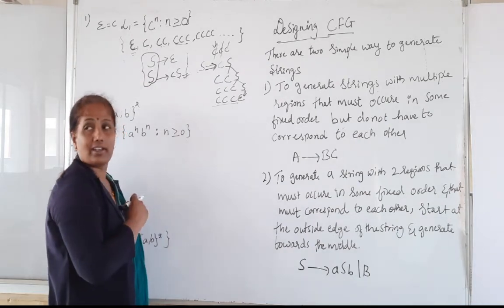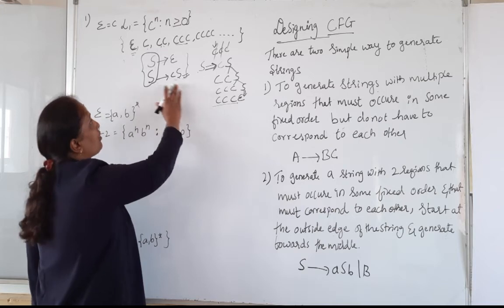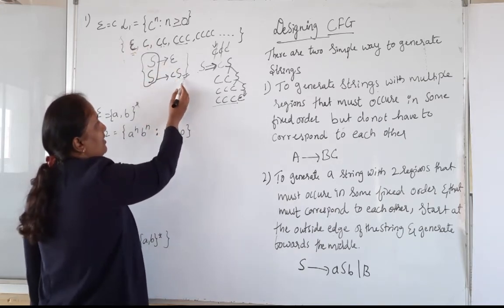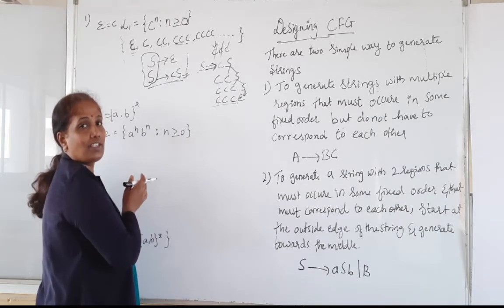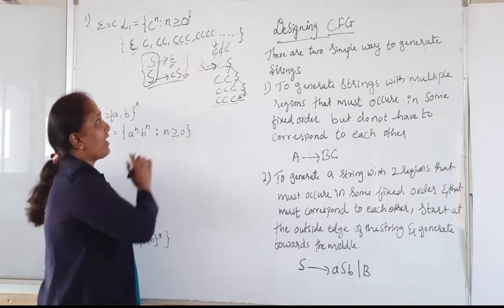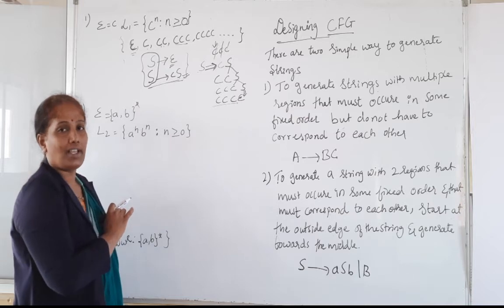So based on that I can say the string is accepted by this grammar. So the grammar for this language is S produces epsilon, S produces C S. So this rule allows me to take one or any number of C's in the language. And this rule at the end I am going to substitute as epsilon is a part of this. So I must define epsilon for this S.